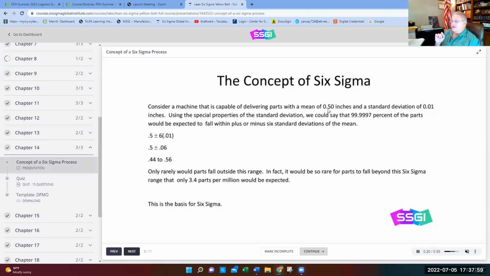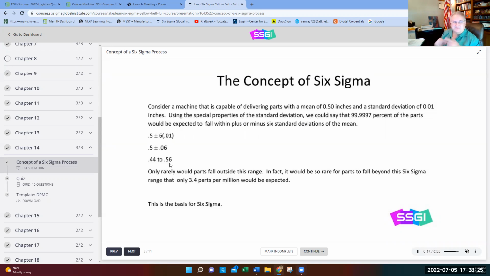So it could be 0.51 or 0.49, and that bolt would still work. So if we look at saying for the standard deviation of 99.97, then it's 0.5 plus or minus 6 is where they come up with 0.44 to 0.56. Only rarely will parts fall outside of that range.